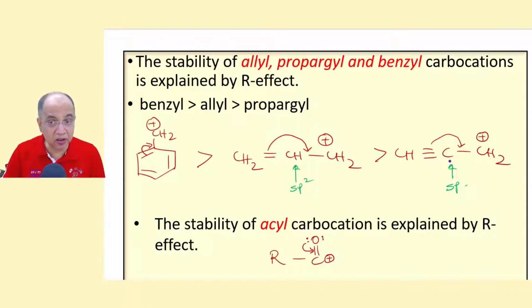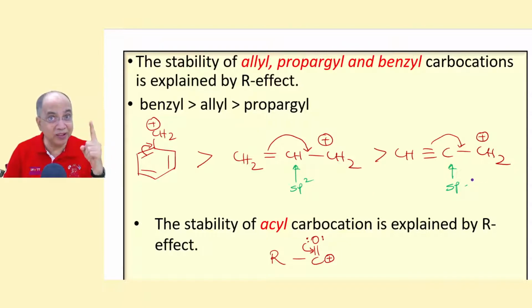But because this carbon is sp, having more electronegativity, the minus I effect will further destabilize this propargyl carbocation to the extent it is less stable than allyl.